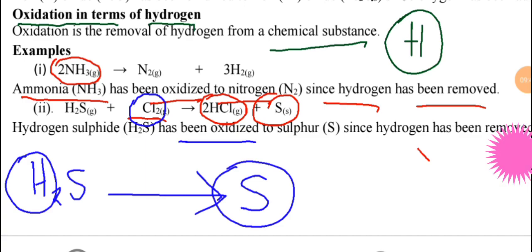That is very, very important. Very simple concepts. You just need to sit down and understand the concept.